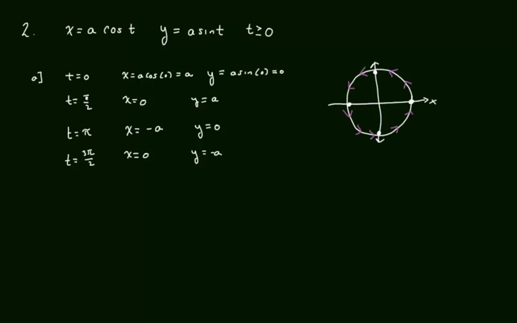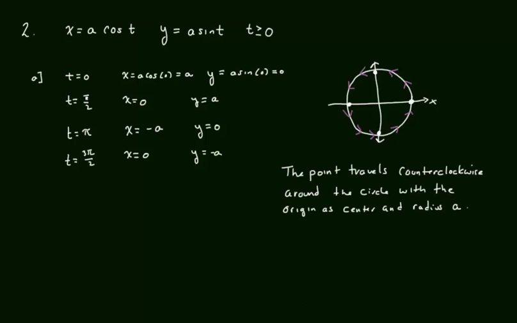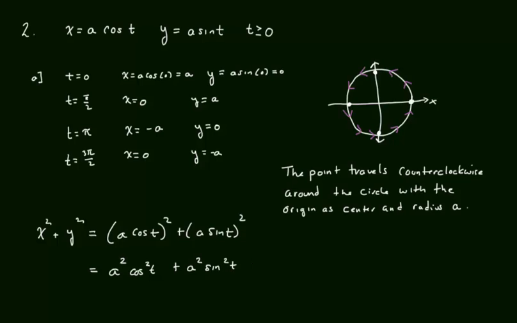Now let's answer the question. The point travels counterclockwise around the circle with the origin as center and radius a. It doesn't ask you to do this, but if we want to transform this into a traditional Cartesian equation, we can say that x squared plus y squared is a cosine t squared plus a sine t squared, which gives a squared cosine squared t plus a squared sine squared t.